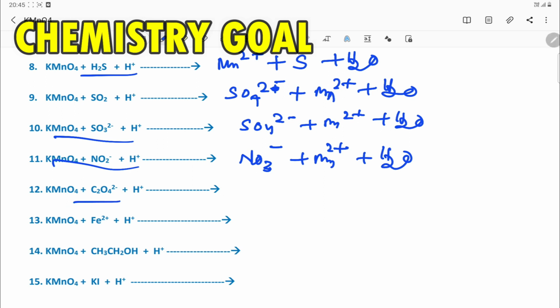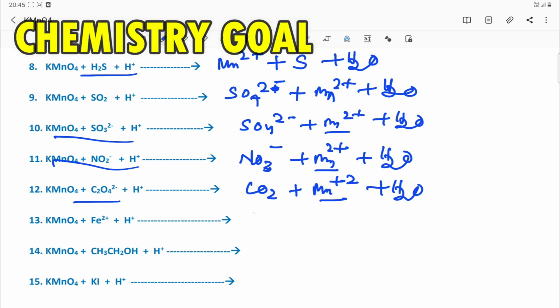Similarly, with oxalate ion, it oxidizes oxalate to carbon dioxide and itself converts to Mn2 plus, with water. So potassium permanganate is reduced to manganese ion in all cases. You can repeat this one. It is a reduction of potassium permanganate and an oxidation of oxalate to carbon dioxide.